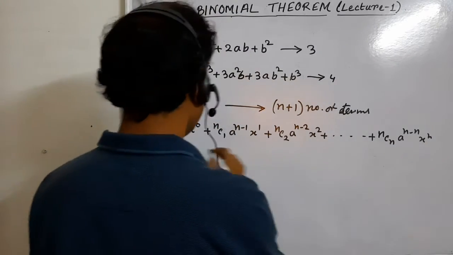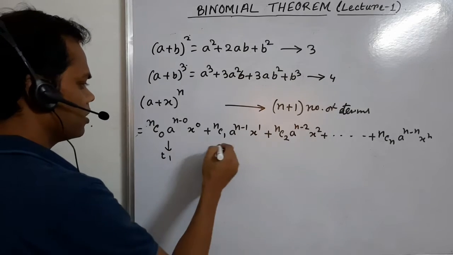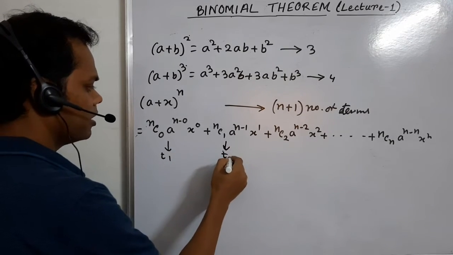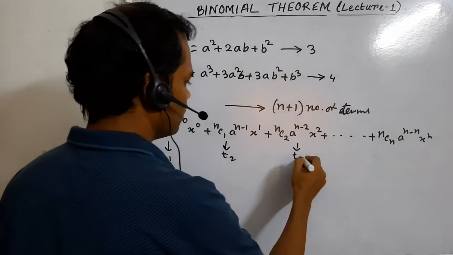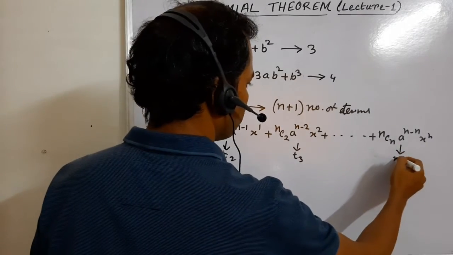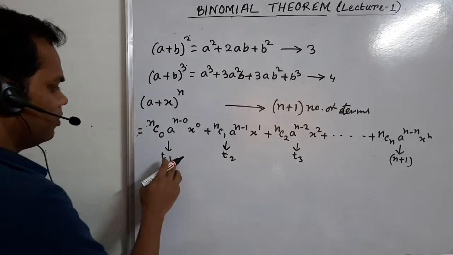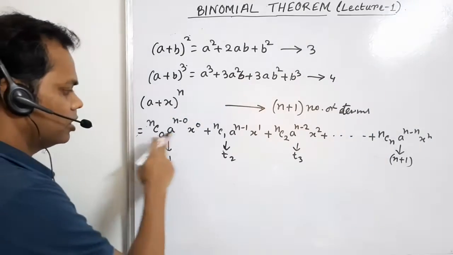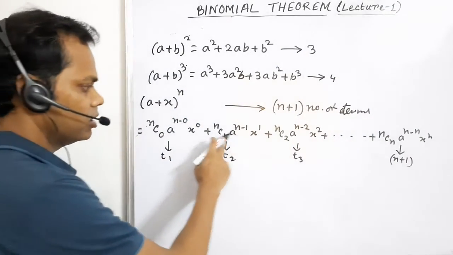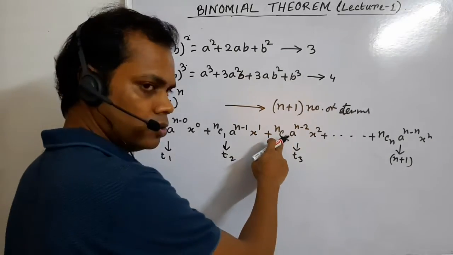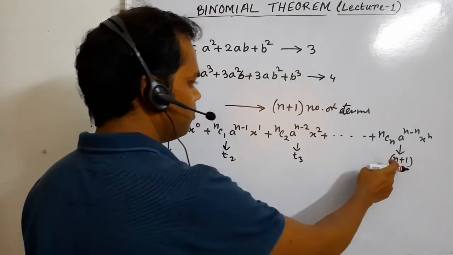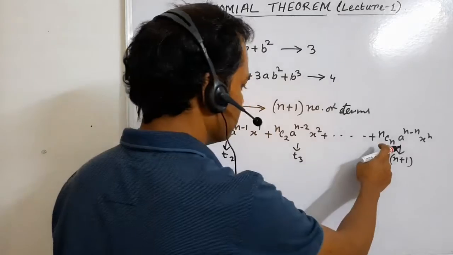So this one is the first term, this one is the second term, this one is the third term, and this one is the (n+1)th term. Now you see that in the first term we use 0, in the second term we use 1, in the third term we use 2. So in the (n+1)th term we use n.